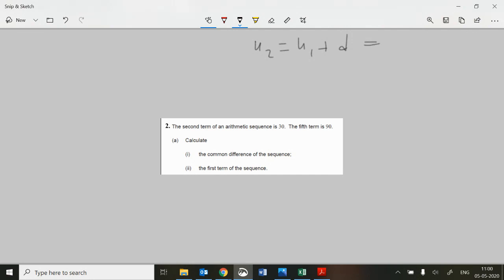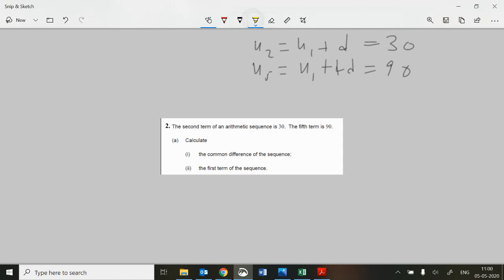So that gives us 30, because U2 is equal to 30. And they also tell us that the 5th term, U5, is equal to U1 plus 4 lots of d, and that is 90.